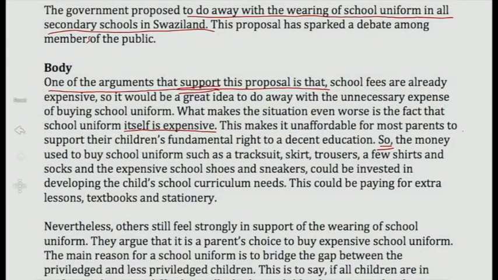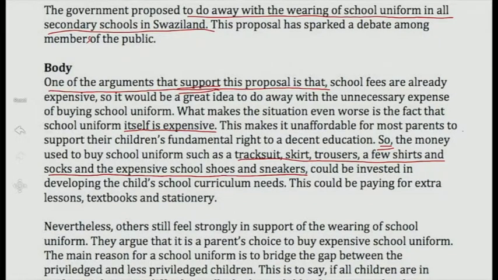So the money, and then we said that so is a supporting phrase. You are supporting. So the money used to buy school uniform such as a tracksuit, and then I like this list there, because you are basically showing that the expense is there, because the school uniform is not just a tunic and a shirt. There's a school tracksuit, there's a skirt, there are pants, there's a shirt. You can only have just one shirt, but a few shirts, and also socks, and also the expensive school shoes and sneakers, because with the school tracksuit you'll be required to wear sneakers.